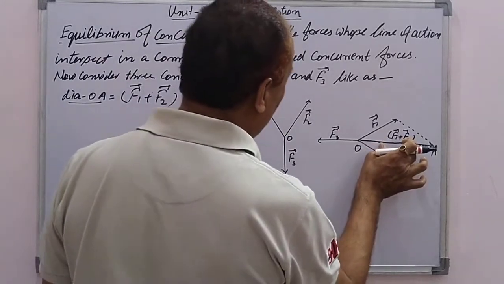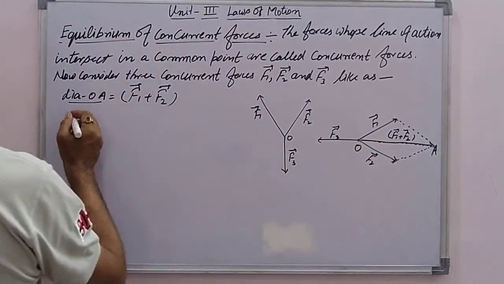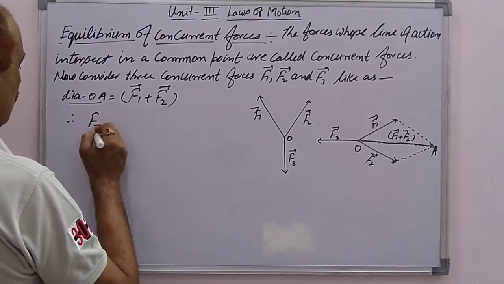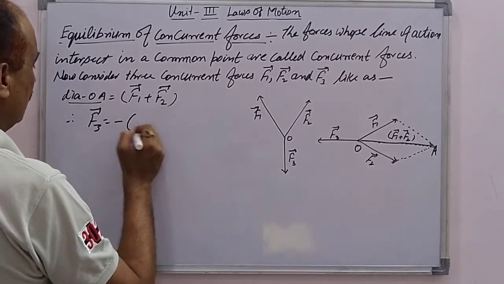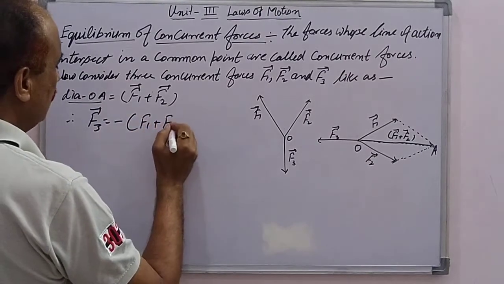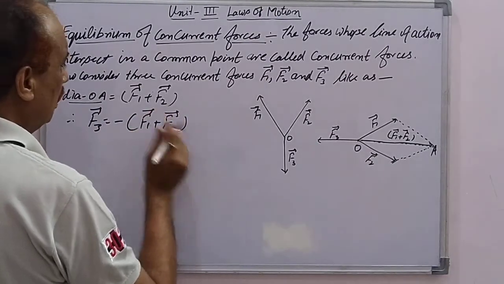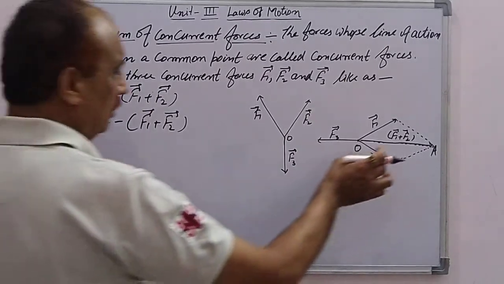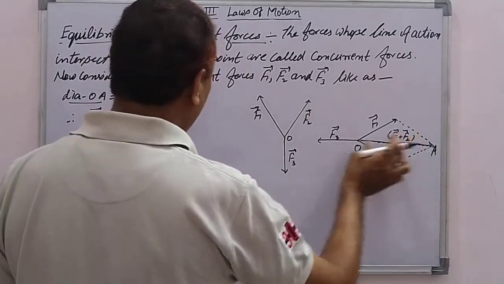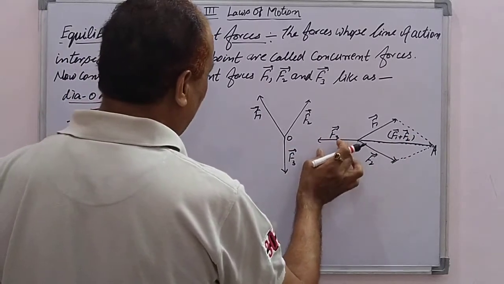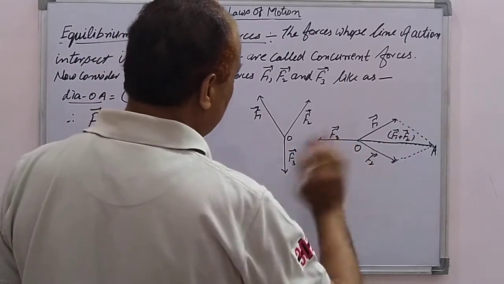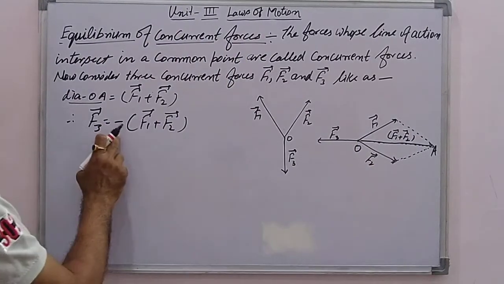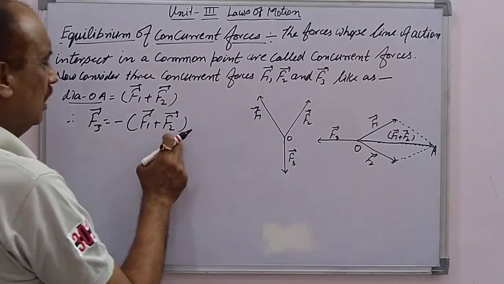So from the diagram, F3 should be equal to minus (F1 plus F2). The sum of the two forces gives the length of the resultant diagonal, and that force is counterbalanced by F3 acting in the opposite direction, so we put the negative sign: F3 equals minus (F1 plus F2).